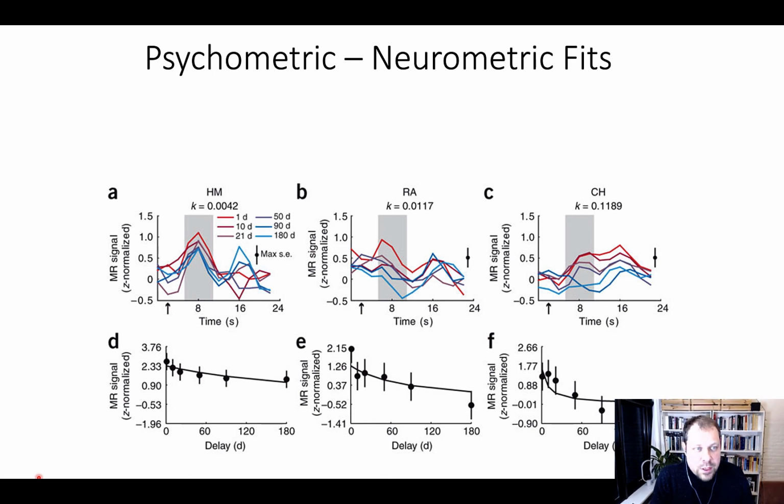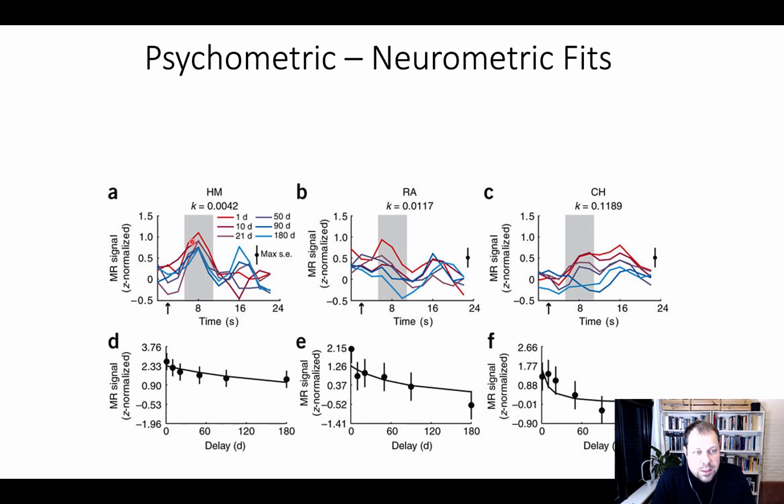A very interesting feature about this study is that the authors then went a step further and also looked at the neurometric discounting function, if you will. So what they did is they extracted signal from all of the regions that were activated, including ventral striatum, ventromedial prefrontal cortex, and then they looked at the activation as a function of delay in these regions.